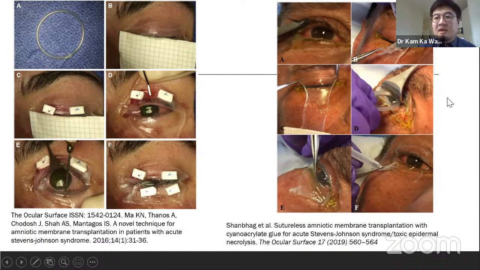Dr. Scheinbach in 2019 published another method which used a cyanoacrylate glue, which was just now mentioned by Liu. Instead of using suture, they use glue to fix the amniotic membrane onto the upper eyelid and the lower eyelid.